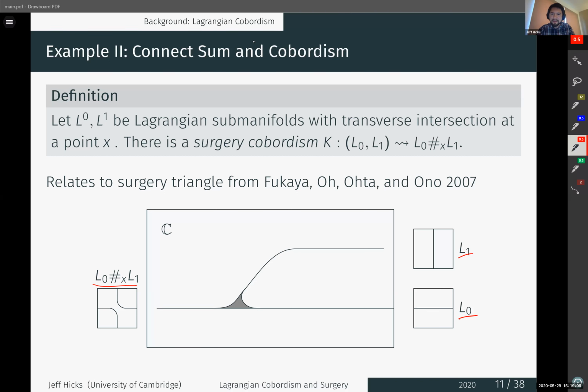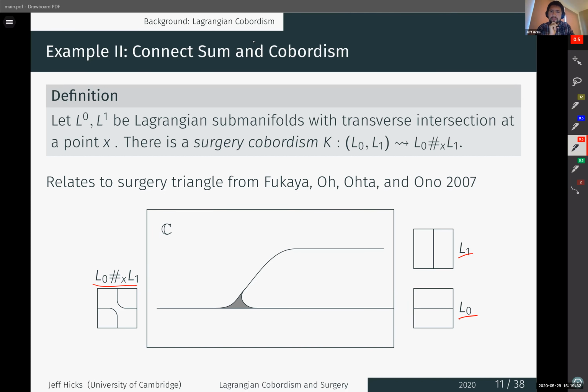It's all right. Did you see the question from Renato? Yes. So it asks if you have a local system on L minus for which the Floer theory of L minus is not equal to 0, is there necessarily a local system on L plus for which the Floer theory of L plus is equal to that of L minus?